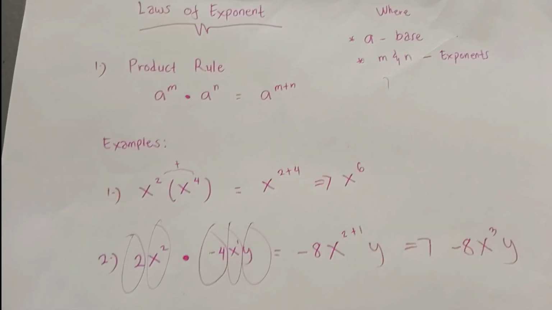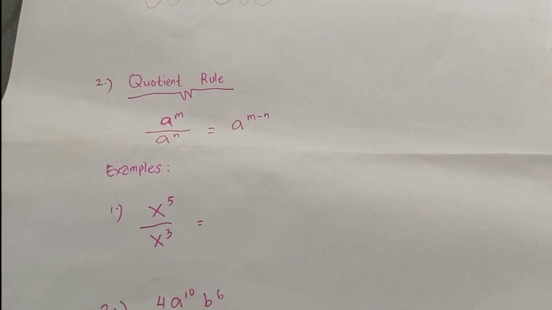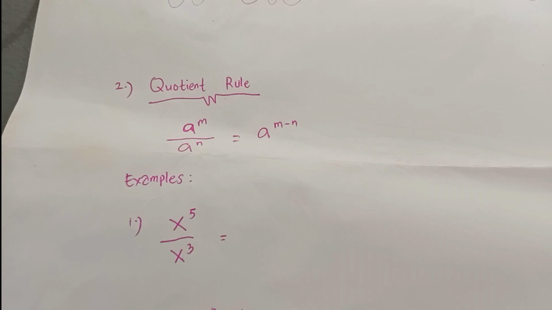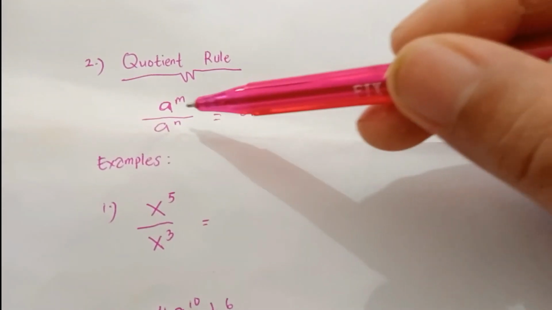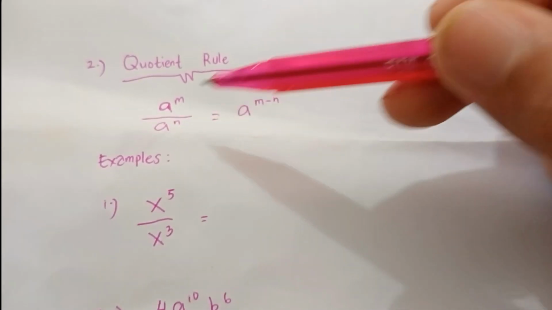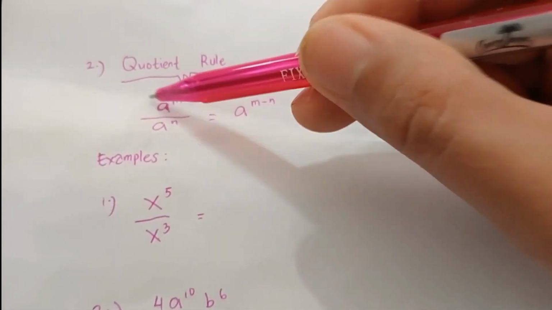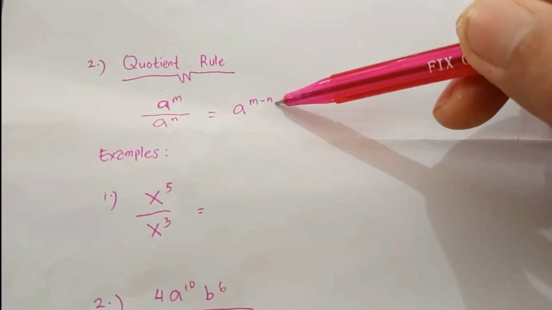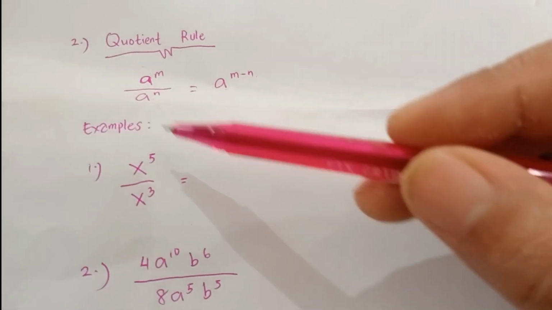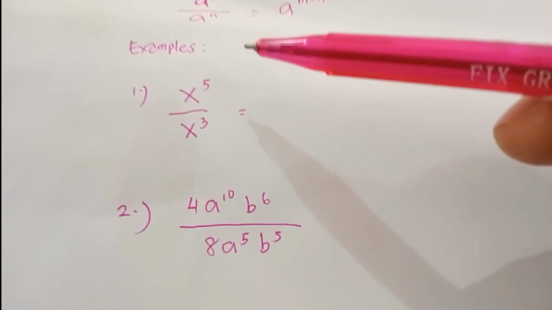This time, let's move on to the second law of exponents. We have the quotient rule. We have a raised to m over a raised to n equals a raised to m minus n. So copy lang ang common variable a, then we need to subtract the exponents, or m minus n.